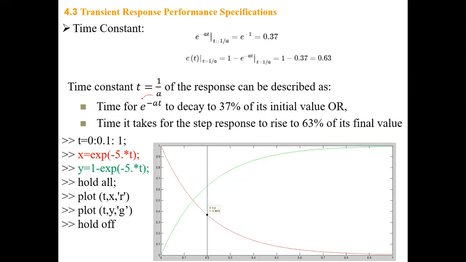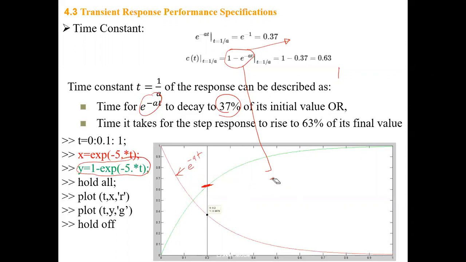So it is the time for this one to decay to 37%, or the time for the other one, 1 minus this one, to rise up to 63%. This one is 1 minus e to the minus at, the green, and this one is e to the minus at.